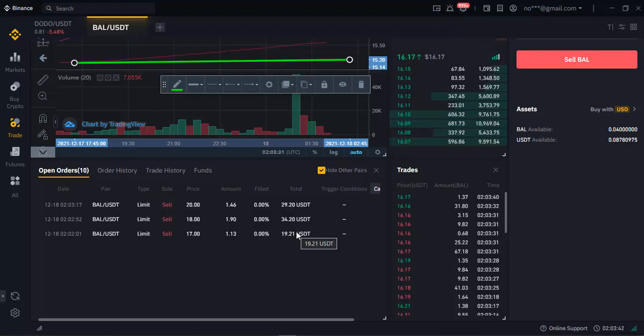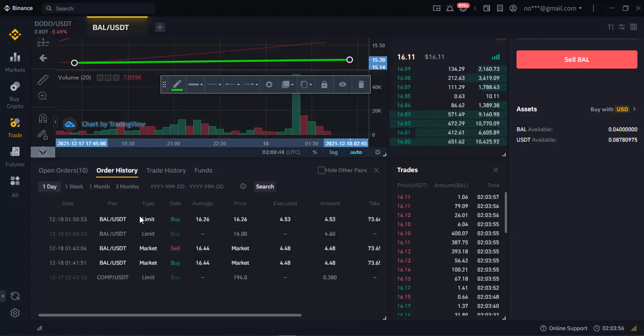Let's say it was the 73 USDT we used in buying this. We can as well check it. This is order history. This is trade history. This one says buy. All this has been executed.